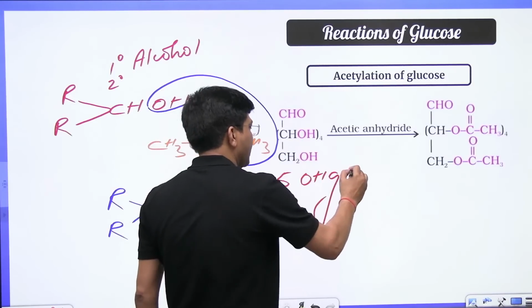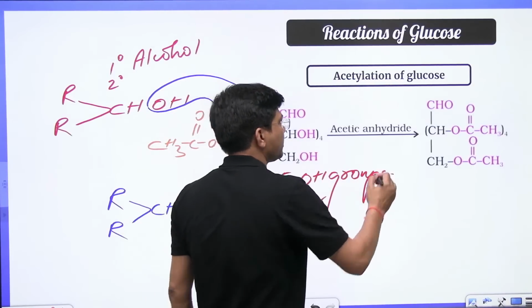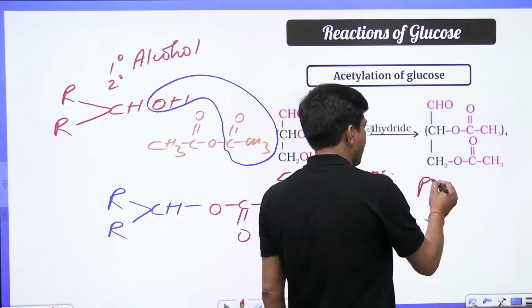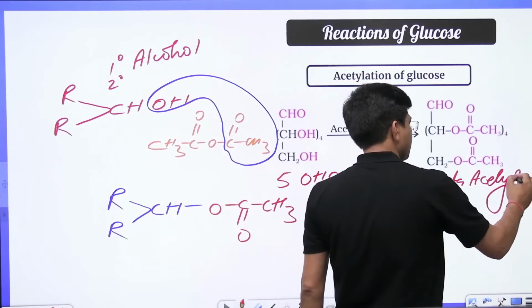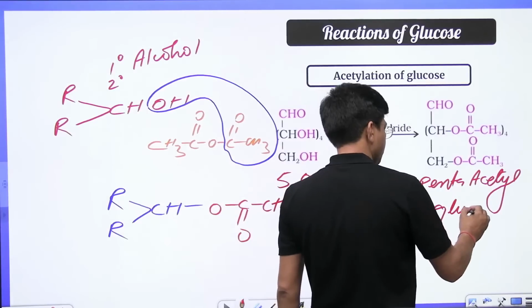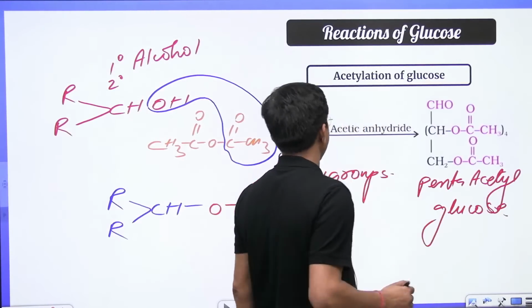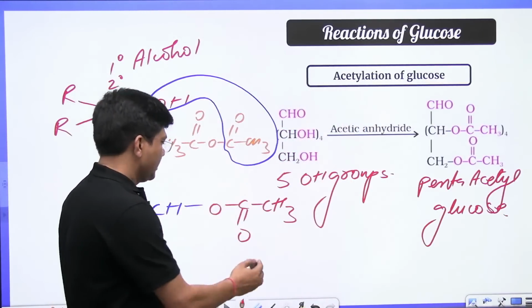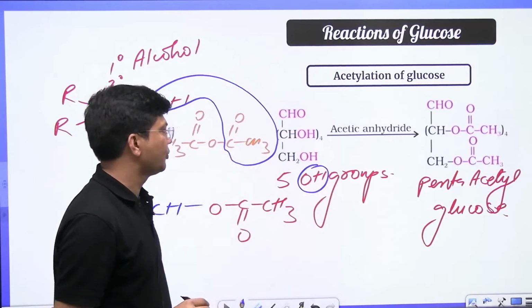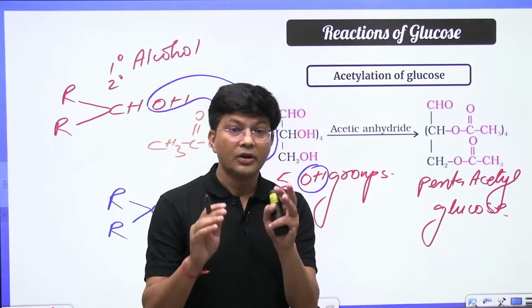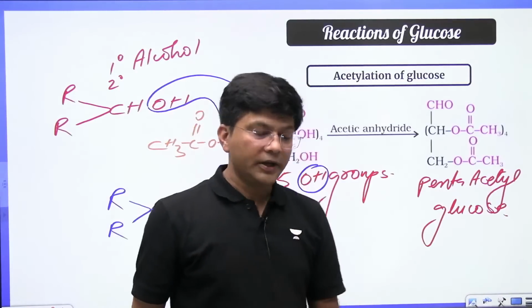So how many acetyl groups will you get? You will get 5. That means you will get penta-acetyl glucose, because it has 5 hydroxyl groups. Are you able to understand?